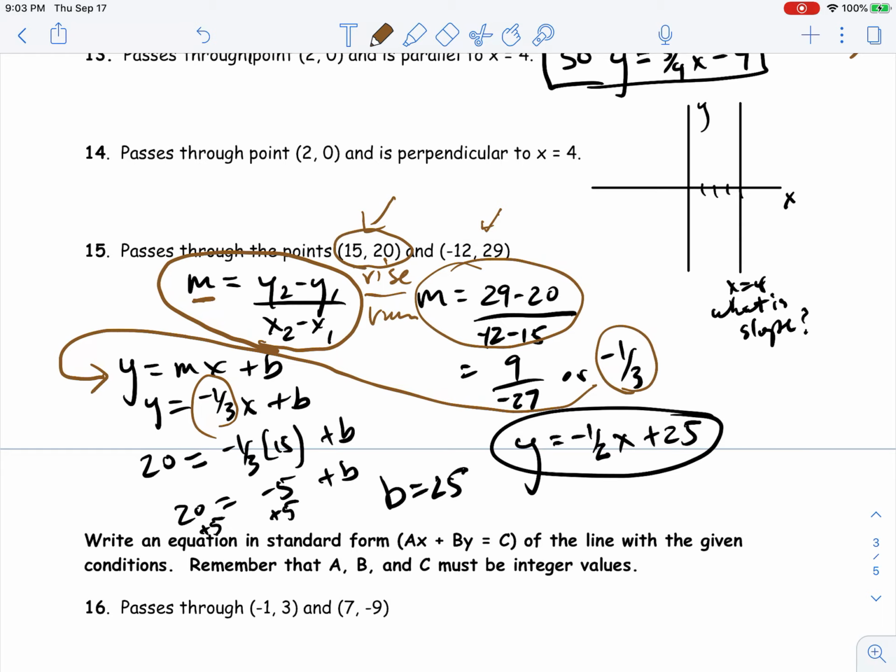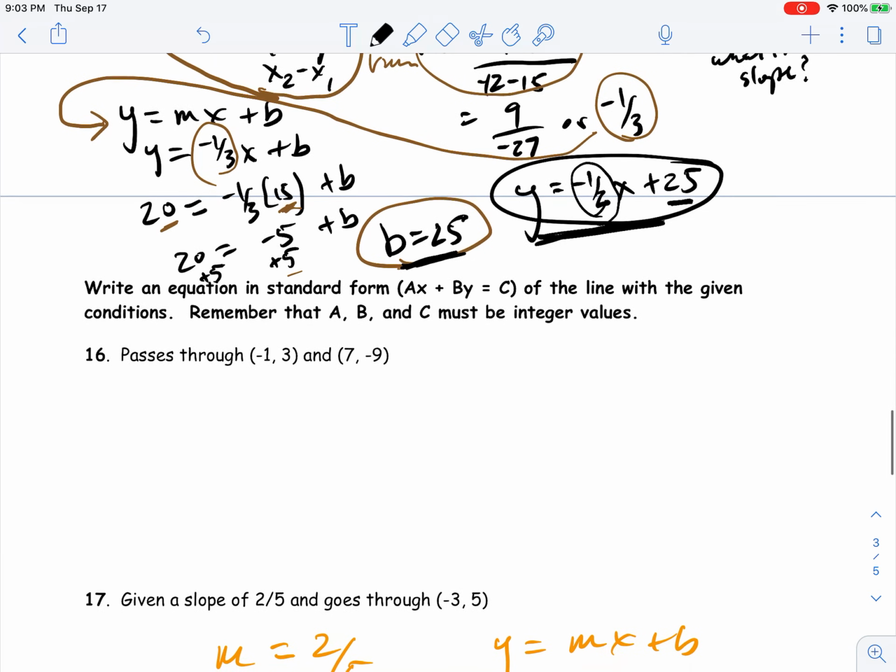So I chose the one that looked a little cleaner, and I put in 15 and 20 for x and y, solved it, and I ended up finding that b was equal to 25, which means then that I just needed to finish this off and put the y-intercept of 25 into the equation, and the slope that we found, negative 1/3, went in there. So this was what I ended up with as an equation for number 15.